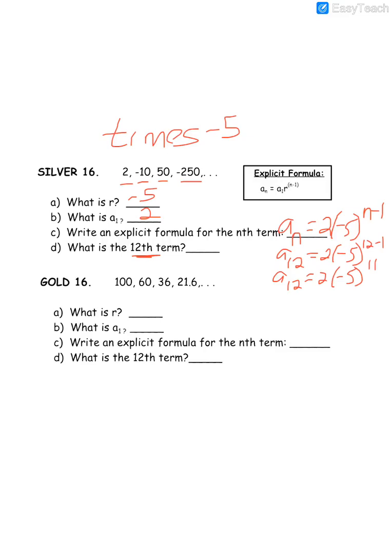I'm going to plug in 2 parentheses, -5, close parentheses, caret, and then an 11. And I get a big negative number: negative 97,656,250 is the 12th term.